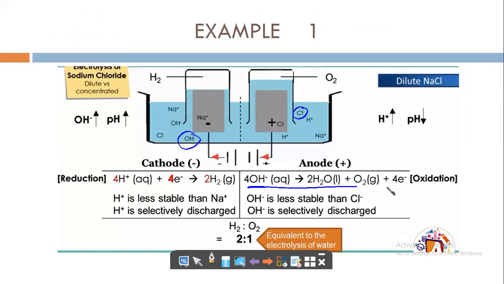And this is the half equation. We can work that out with the method of balancing half reactions, which you did last term, or towards the beginning of this term. So you will write this lengthy half equation here, and the main product is oxygen gas.